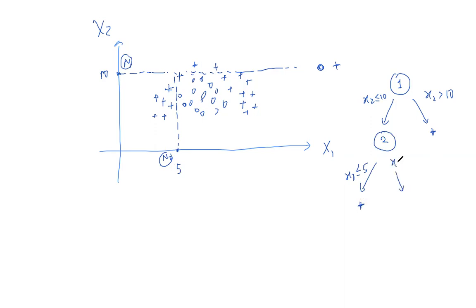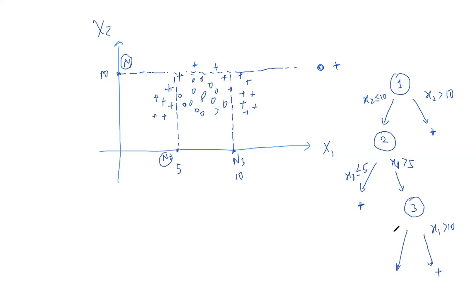And if your x1 is more than 5, so you are looking at this space here, then you make another partition, let's say here. So this will be your node 3. So this is maybe, let's say, 10. So if your x1 is more than 10, then you will classify as plus.